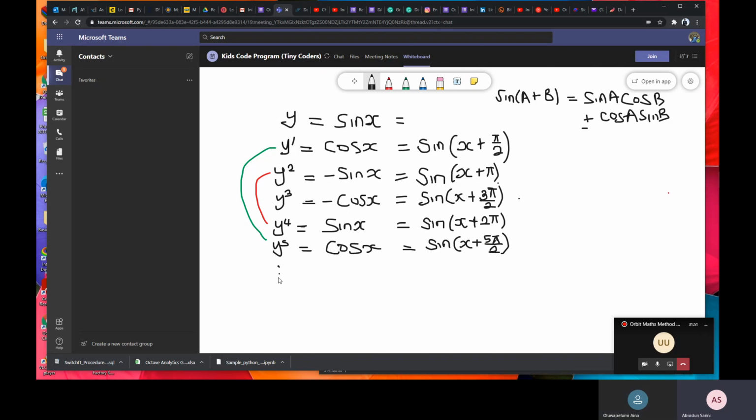So that means my nth derivative is going to be sine of x plus n pi over 2. This gives me the nth derivative of sine x. Do you understand?